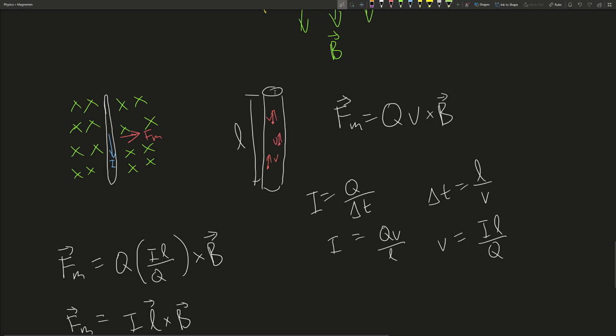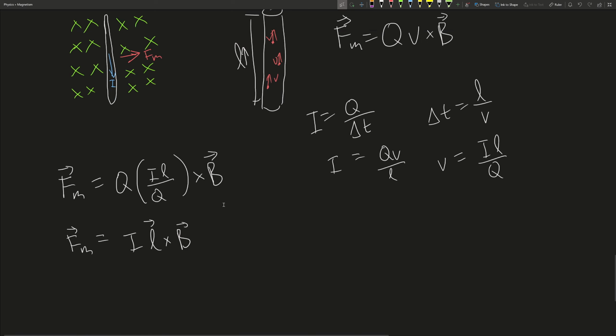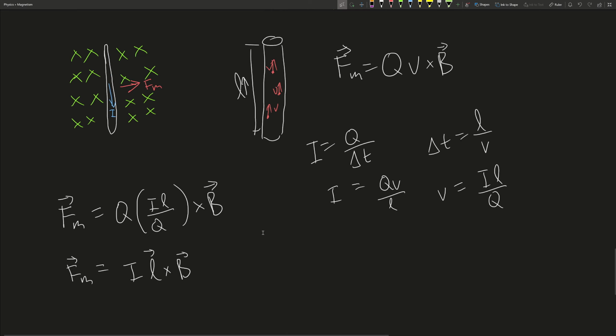It's the orientation of the wire, in the direction of the positive current. So for this wire here, the L vector would be in this direction, and it would have a magnitude of the length of the wire, and I is just the magnitude of positive current, you can think of.